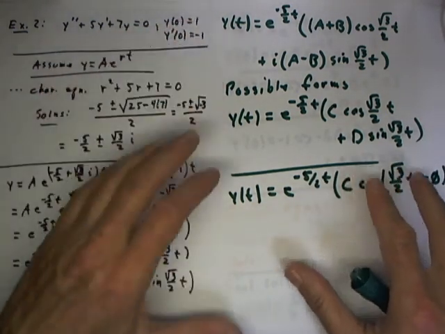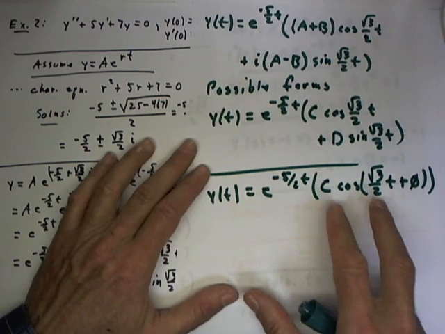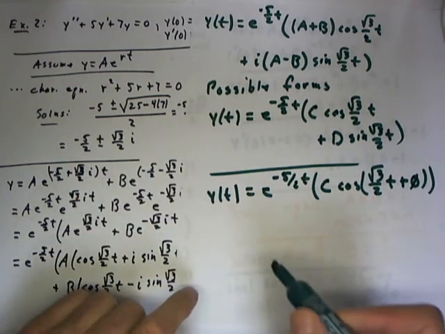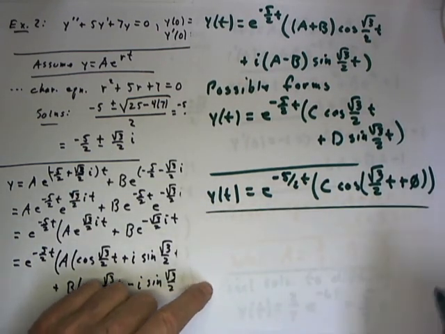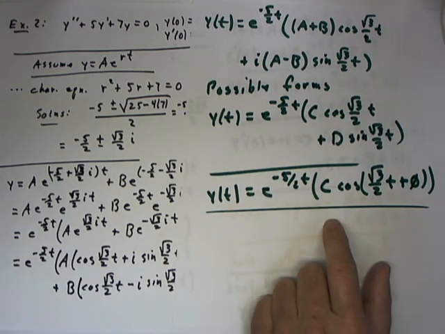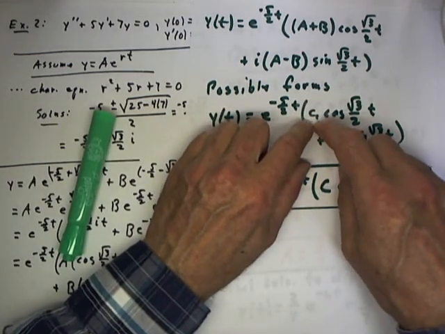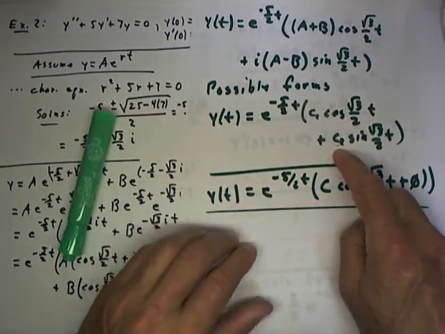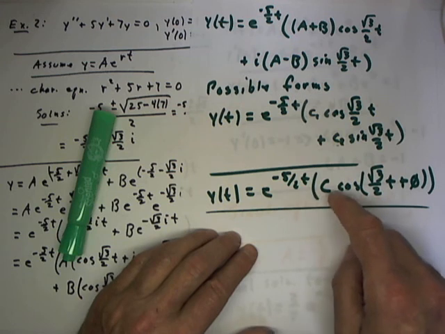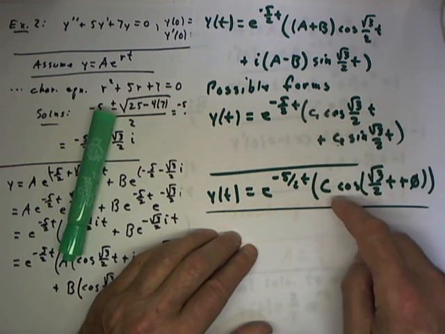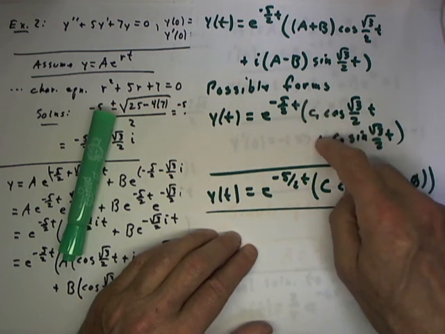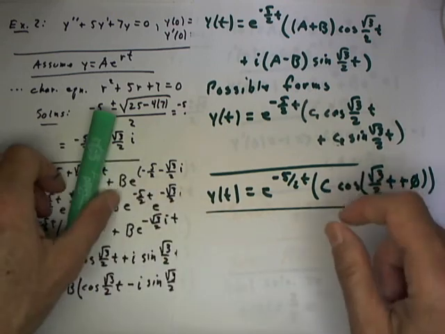Again, we've seen some of the details of this rearrangement before, so we're not going to belabor them at this point. I'll note that I just made a change here. I'm going to call these constants C1 and C2 so we don't confuse the C of the C and D with the C we have down here.